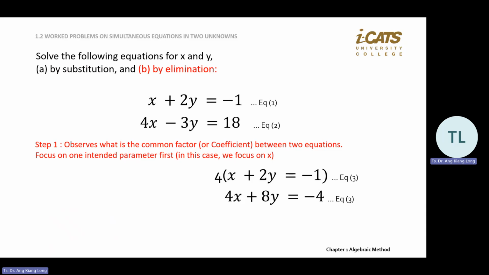You get 4 bracket, the whole thing, and this becomes equation 3. Then continue the expansion: the whole equation multiply 4, so you get 4x plus 8y equals minus 4.